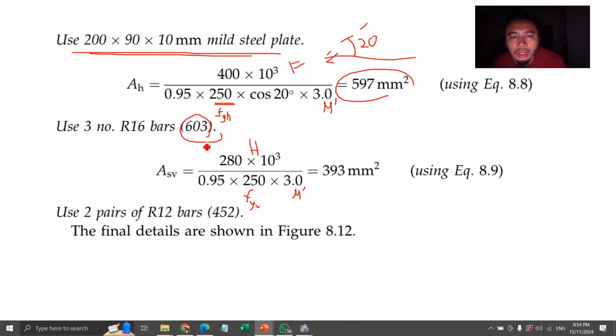So calculate this, you get your 393 millimeter squared. So propose two pairs of R12 bars. You get your area of steel for ASV is 452, which is larger than this requirement.